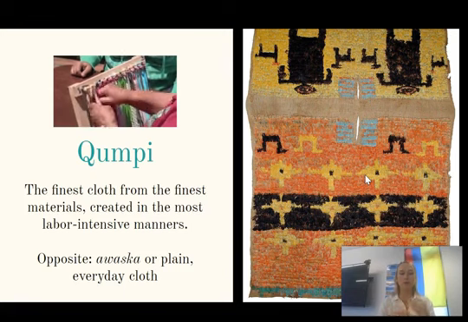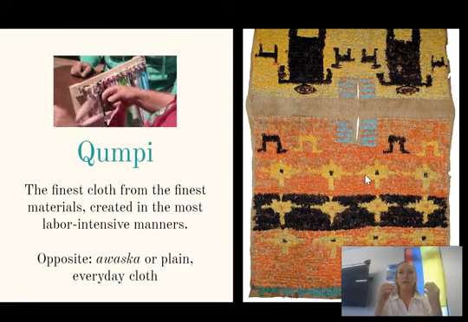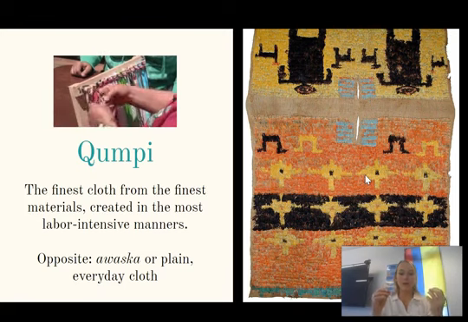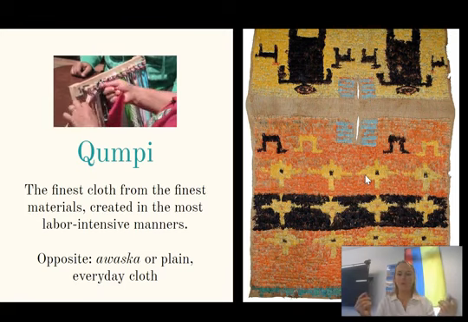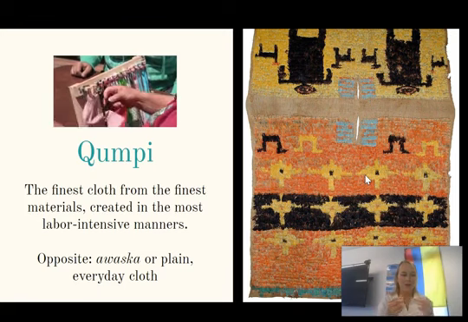So sometimes the most sumptuous cloth is created with actual gold thread in it, along with these very expensive wools and expensive dyes and labor-intensive practices of making the yarns, labor-intensive methods of weaving. So that's like the most expensive luxury good.